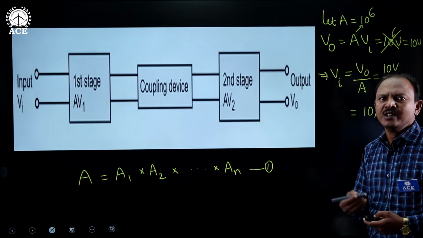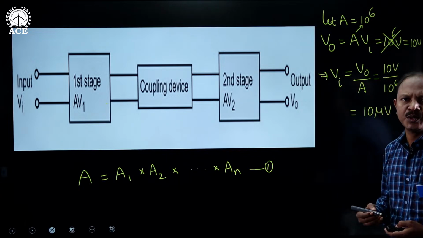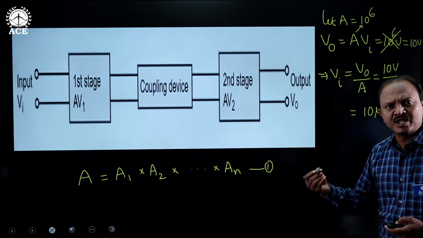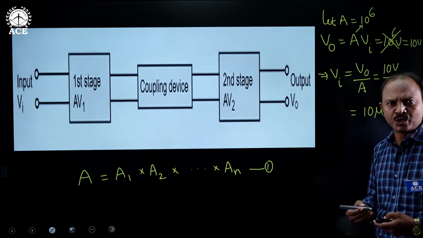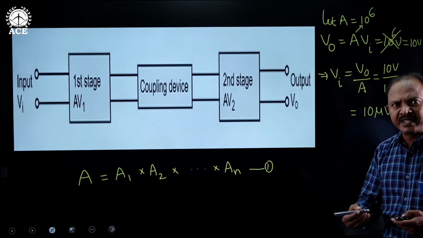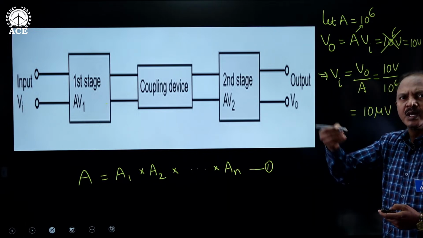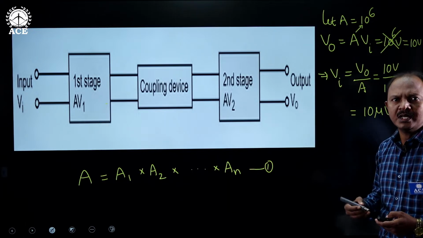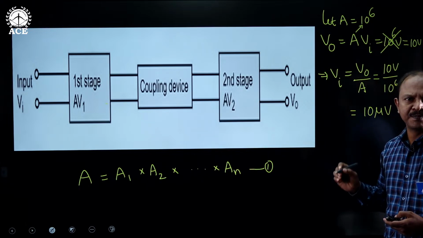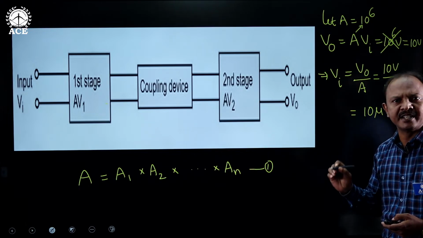That is understandable. Why? Because in real time scenarios, every natural source signal is very weak in amplitude. Therefore, to amplify that very weak signal to a certain level of amplitude, high gain multistage amplifiers are mandatory for us.